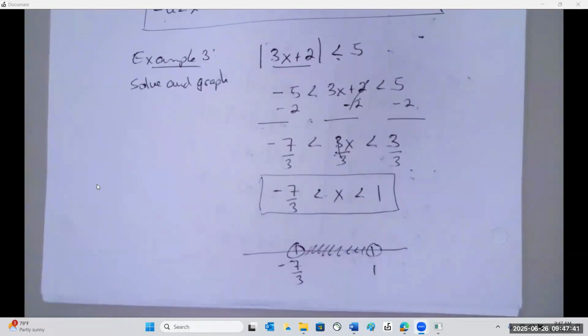There's the graph. Pretty good. Whenever you have a less than, you're going to have a tripartite equation. Only look at the middle part and solve for x.